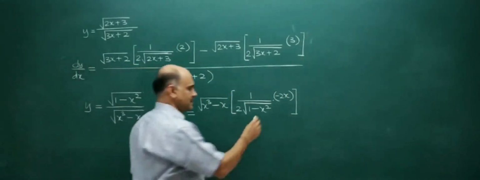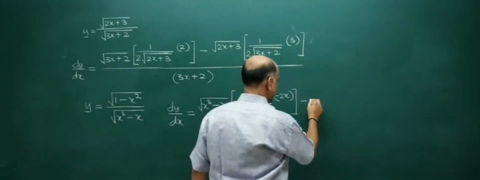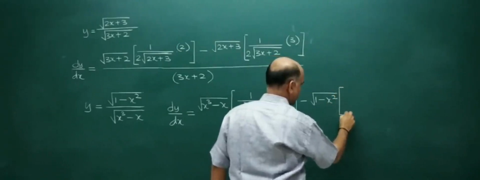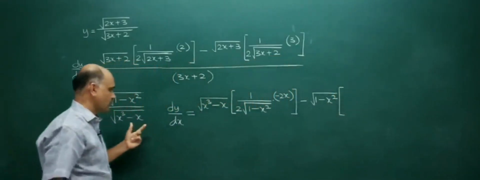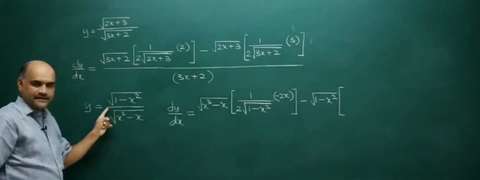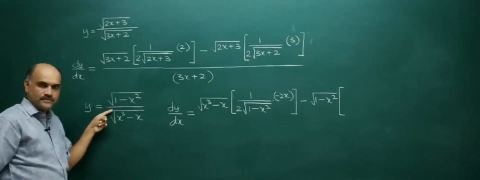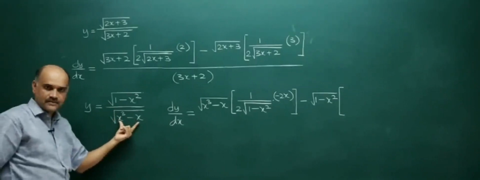Minus numerator, root of 1 minus x square, into differentiation of denominator. While differentiating the denominator, first you differentiate the root and then the term inside the root.